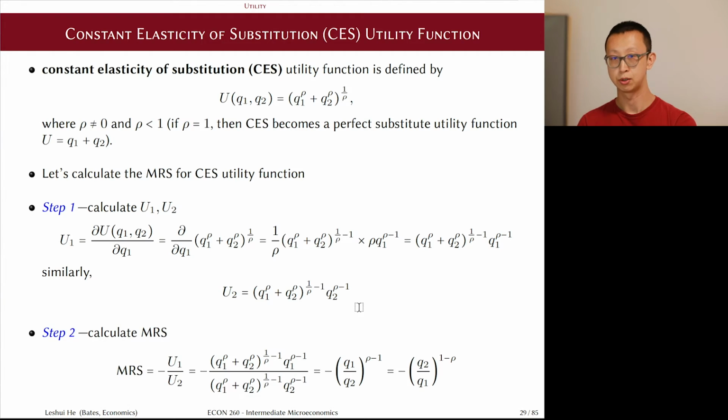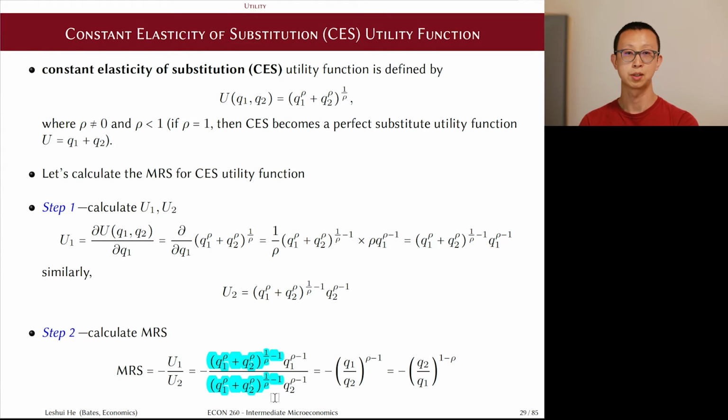Now, what we can do is follow the two-step approach, plugging in u1 and u2 into the appropriate slots for the marginal rate of substitution and adding a negative sign in front. And there we have the marginal rate of substitution. As ugly as this expression might look at first, you will quickly realize that this mumbo-jumbo in the front is exactly the same as the mumbo-jumbo in the front of q2 raised to the power of rho minus 1.